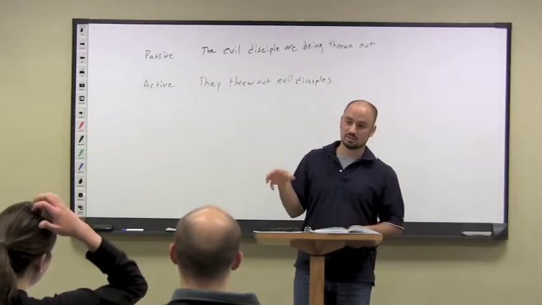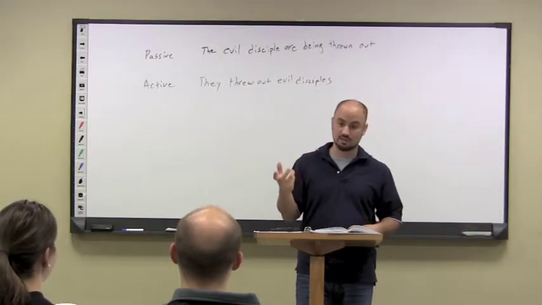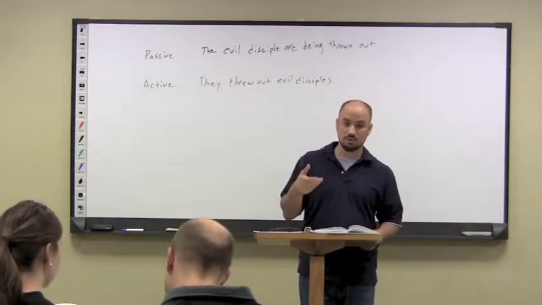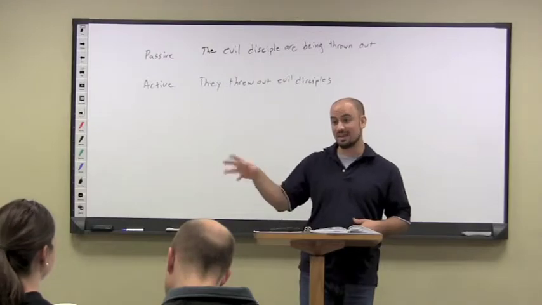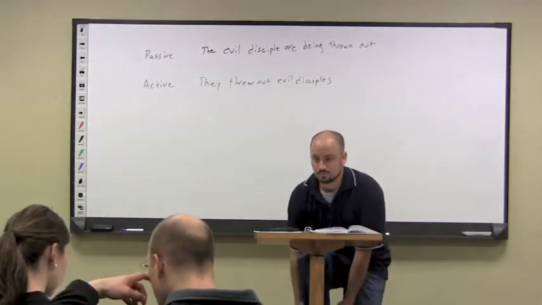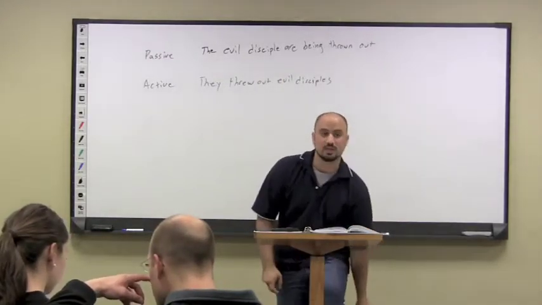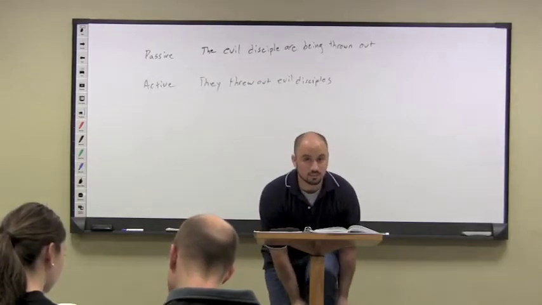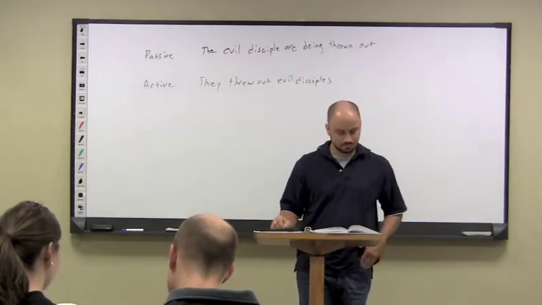So not only is it emphasized in the construction as it is passive, but it's also emphasized by the fact that it's at the very end of the sentence. That won't always be the case, but you kind of have a combination of both there.